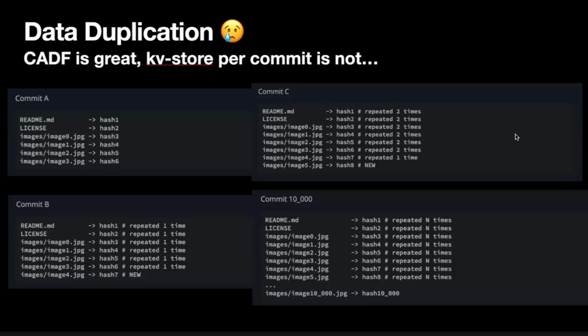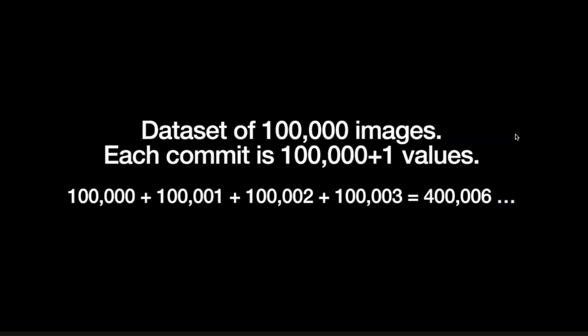Now each one of these databases has exploded, right? So back of the napkin math, if you had 100,000 images, and each commit you add 1 more, now after 4 commits, you have 400,000 entries in all of your databases. So if you blow that up over a giant commit history, that's not super efficient.